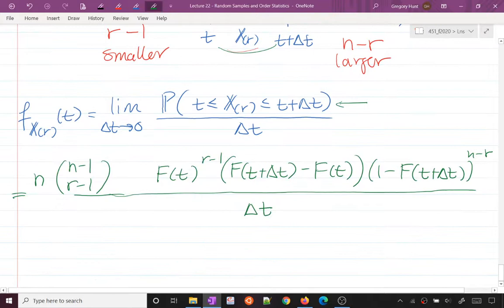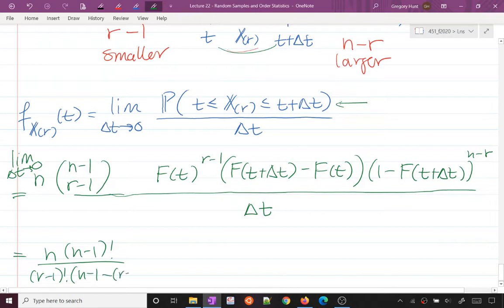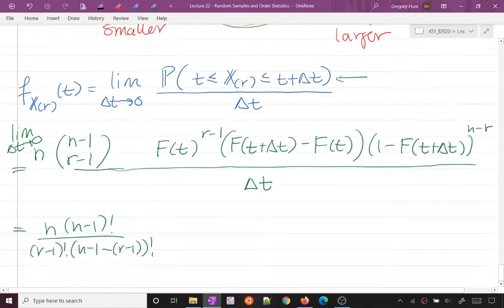And then basically we're just going to take a limit. So on the outside here we have the limit as delta t goes to 0. The n times n minus 1 choose r minus 1 is n times n minus 1 factorial over r minus 1 factorial times n minus 1 minus r minus 1 factorial.